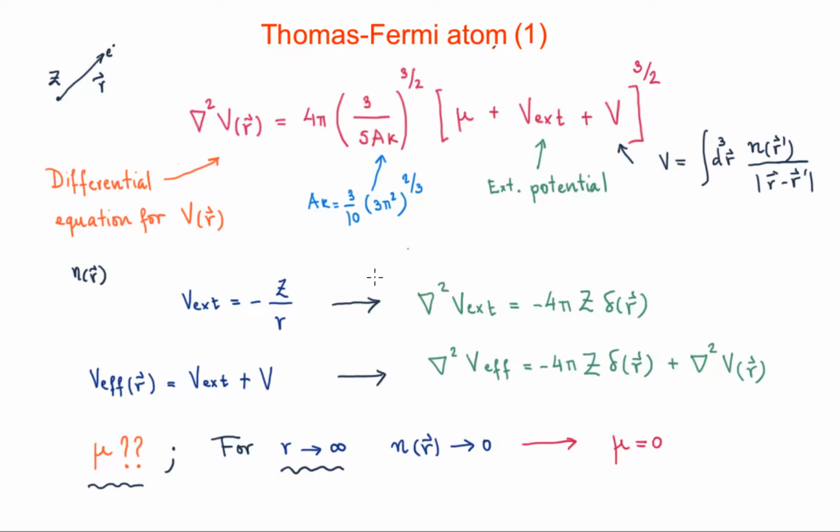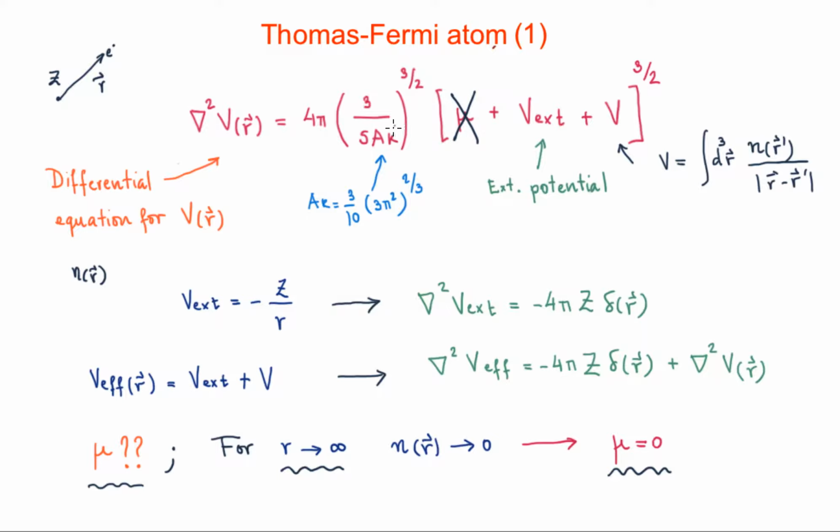The external potential, considering the external potential of this type, is also going to 0 as well, at r going to infinity. And the induced potential, of course, is going to 0 as well. So mu has to go to 0 in order for that equation to be satisfied. So mu is going to 0. That makes that equation easier to solve.